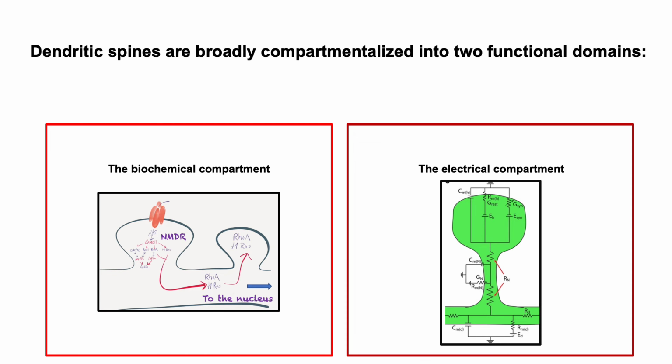The compartmentalization of dendritic spines can be broadly divided into two functional domains: the biochemical compartment and the electrical compartment. The biochemical compartment describes the spatial confinement of biochemical signaling due to diffusional restriction and physical segregation of proteins and signaling molecules.